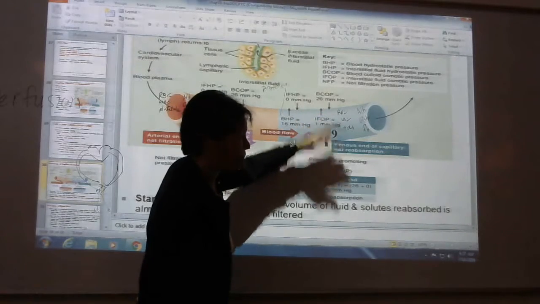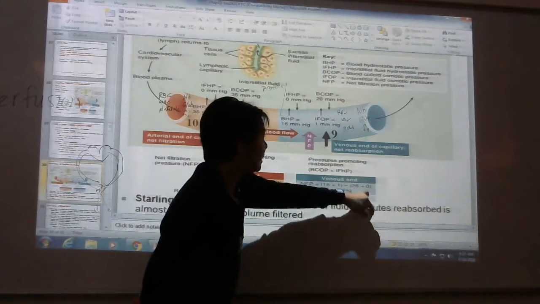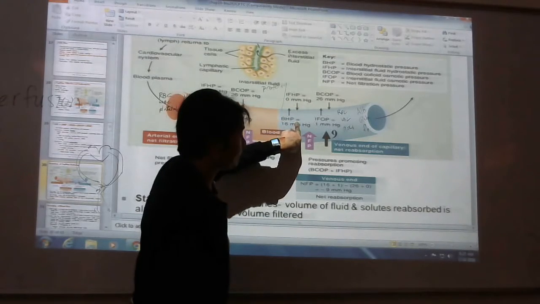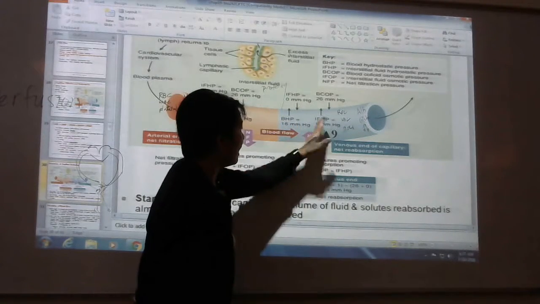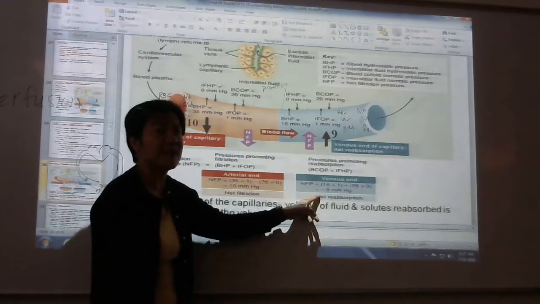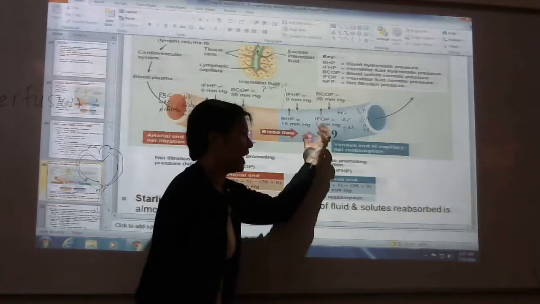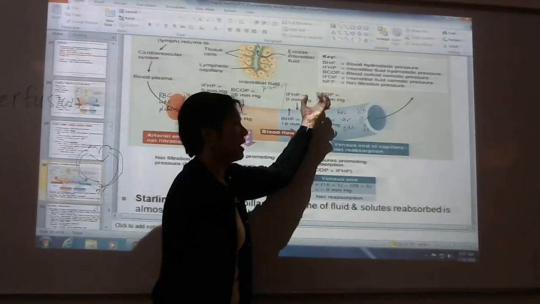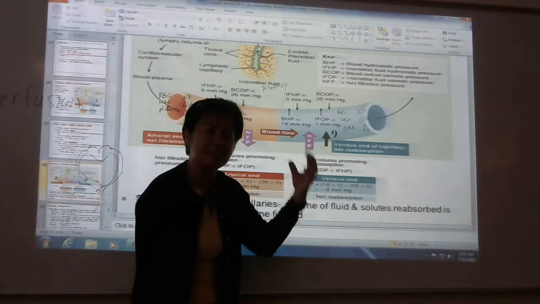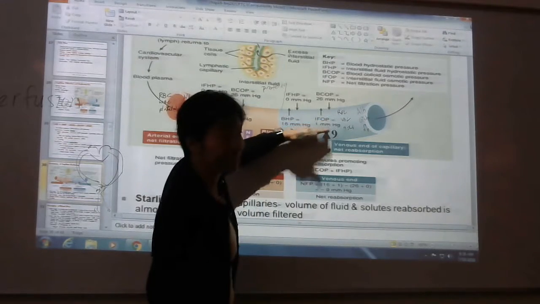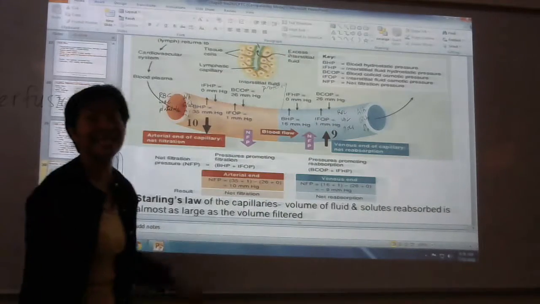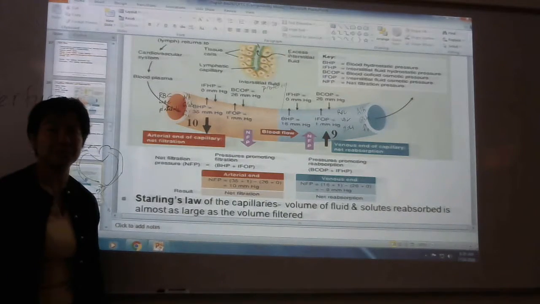It's sucking it back in. Plus 0, which is the interstitial fluid hydrostatic pressure. So here at the venous end, you have a negative value. A negative value means you're now able to attract the fluid back in here so that you maintain your blood pressure.